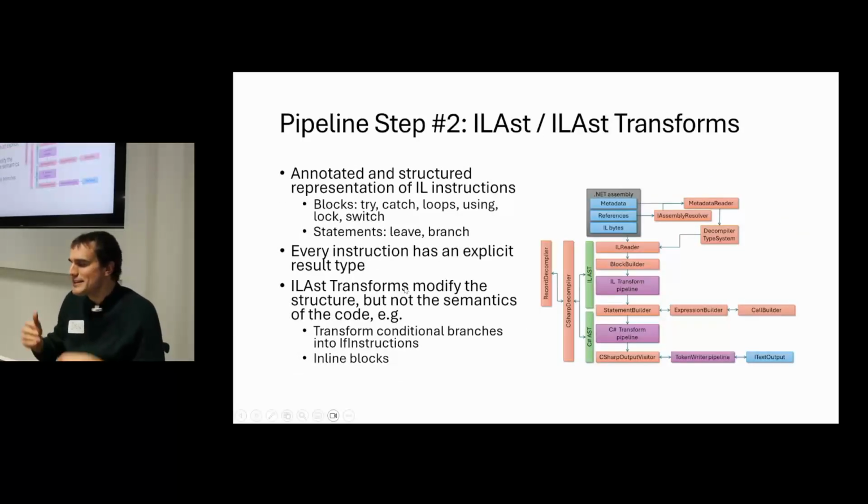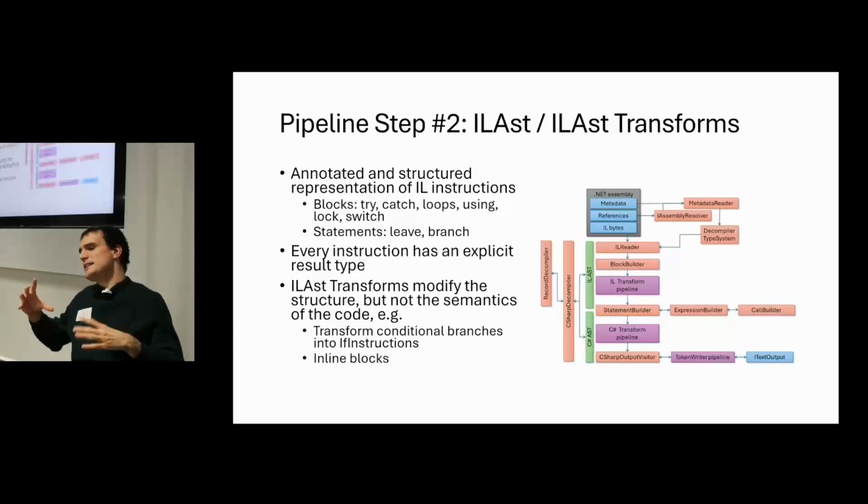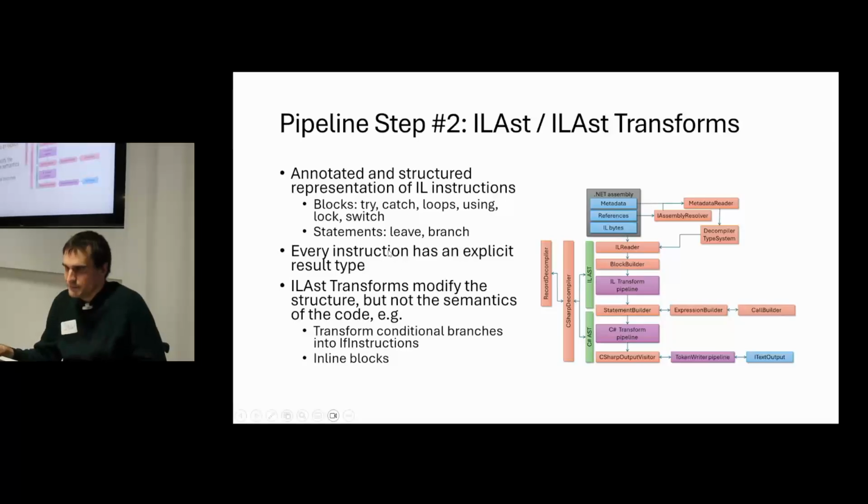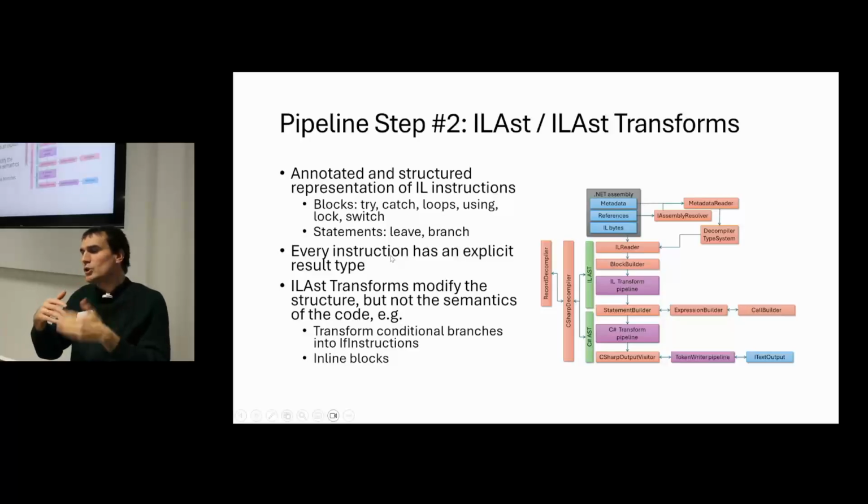In the second step, we build the IL AST. The IL AST is a structured representation of all the instructions. So it actually looks close to C#, but isn't C#. We have not only instructions, but also blocks for try blocks, catch blocks, loops, and so on and so forth.